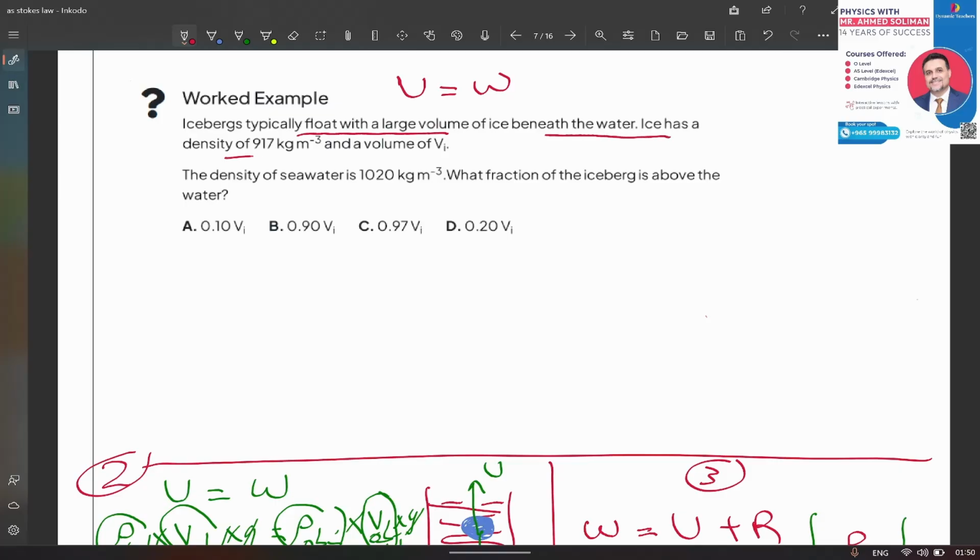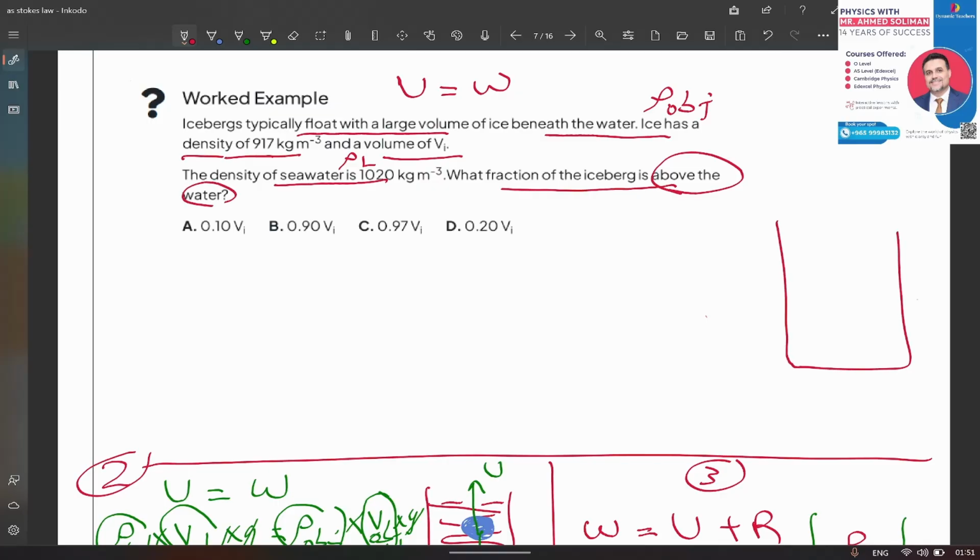Ice has a density, so we have density of ice, which is the density of object, and the volume VI, which is the total volume of the object. The density of seawater is the density of liquid. What is the fraction of the iceberg above the water? So now this is the question.